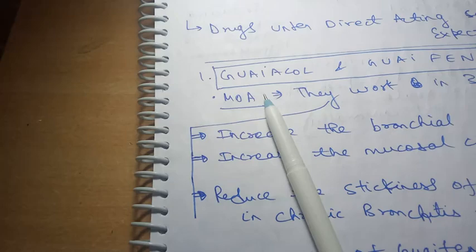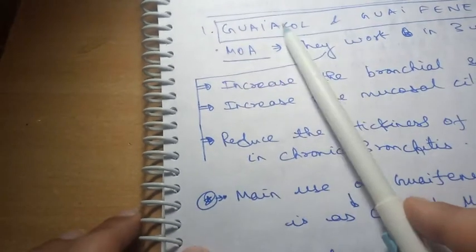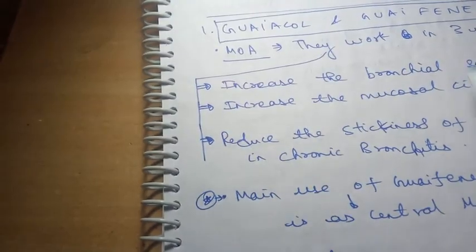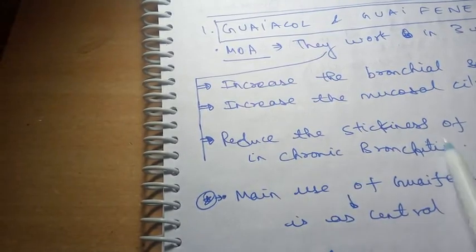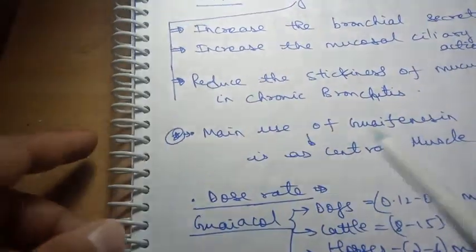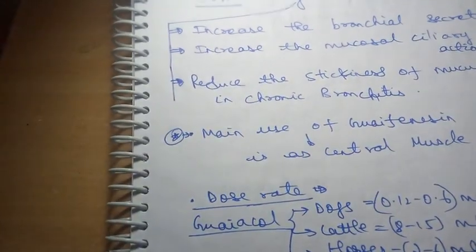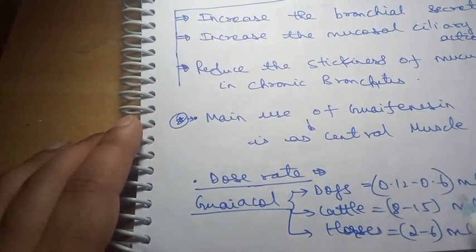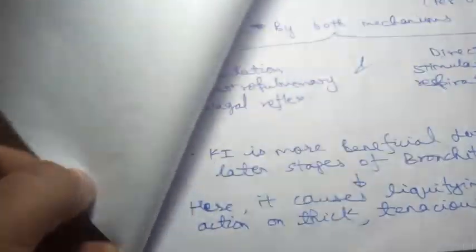That is written over here: increases bronchial secretion, increases the mucociliary reaction, and reduces the stickiness of mucosa in chronic bronchitis. We can learn this, but the main thing is that guaiacol is included in direct acting secretory expectorant, while guaifenesin is a central acting muscle relaxant. The dose rate for guaiacol is this for dogs, cattle, and horses. We need to learn this no matter what.